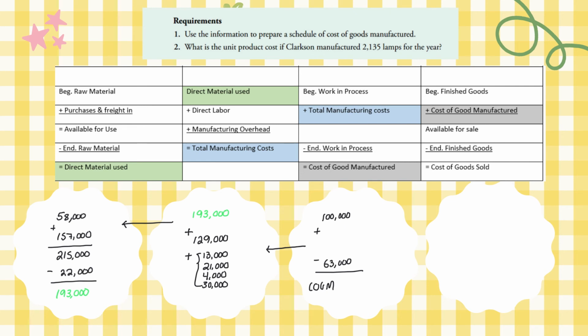As you can see, I don't have any space here. So it's 13 plus 21 plus 4 plus 30, which is going to be 68,000. So this is my manufacturing overhead.